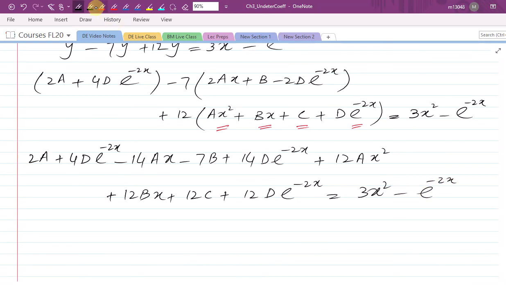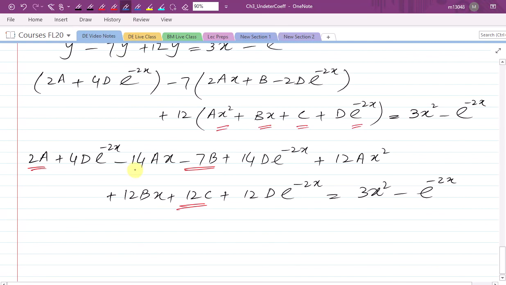Now let's collect the terms. X square, this one is x square, and that's it. X square is the only term here. I'll use red for constant because that's the most terms. 2a here, minus 7b here, 12c here, that's our constants.